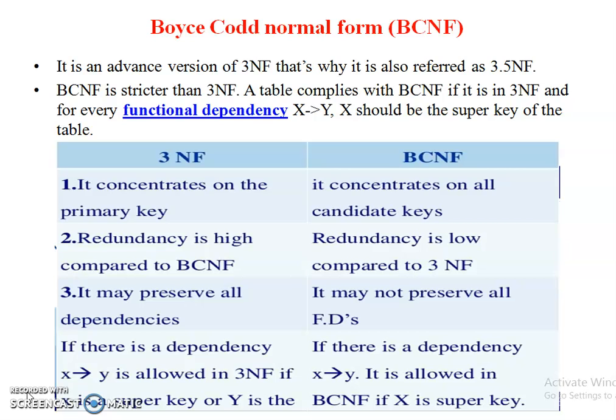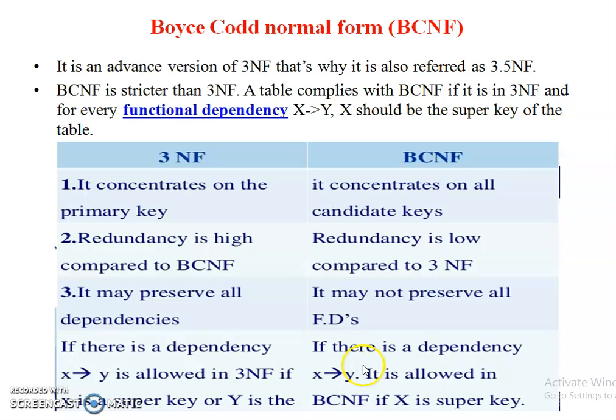A database design should already be in second NF to convert into third NF, and in BCNF the database design should already be in 3NF to convert into BCNF. The 3NF rule says that for any non-trivial functional dependency X determines Y, either X is a super key or Y is a prime key attribute, while the BCNF rule says that X must be a super key.